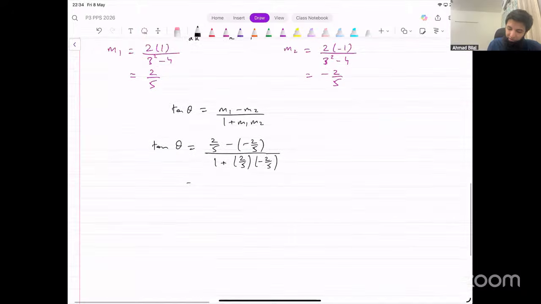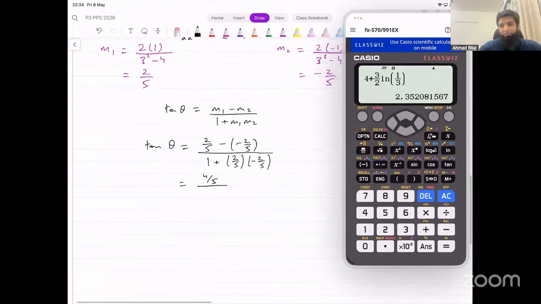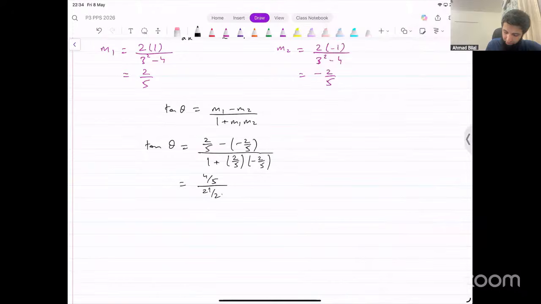You'll have to simplify this, see what you get from this. 4 over 5 in the numerator. What is the denominator? 1 minus 4 over 25, which is 21 over 25. Put this on a calculator now.